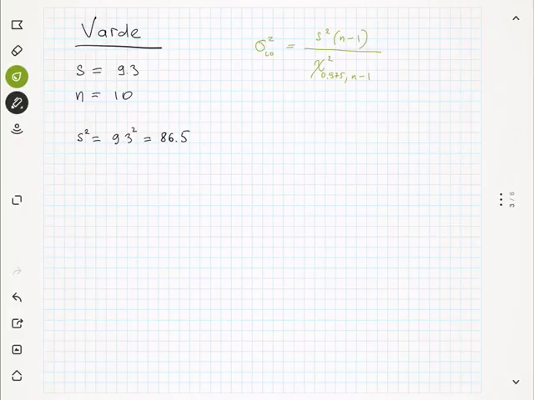And then we know that the largest possible value for the population is the same s squared times n-1 divided by the chi-square for 0.025 and n-1 degrees of freedom. So it means that we can write this 86.5 here times 9, because we have 9 degrees of freedom, and 86.5 here times 9.